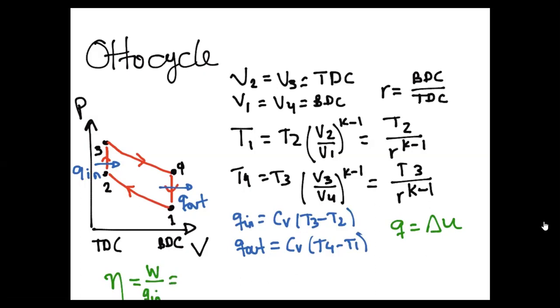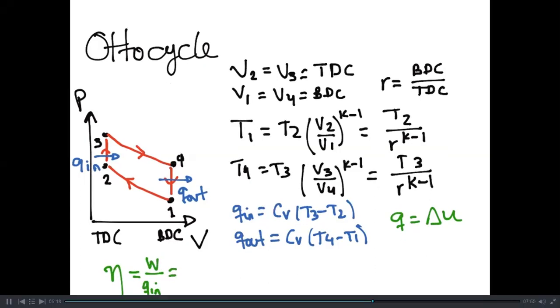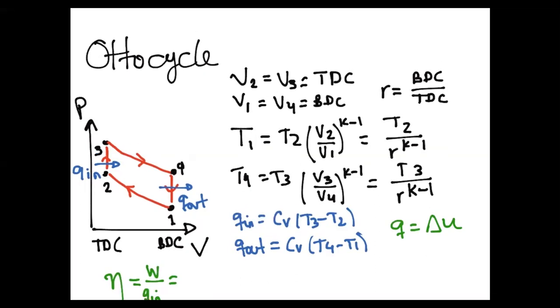Since the work is going to be the area between curves, and doing an energy balance in this situation, it is going to be equal to the amount of heat in minus the amount of heat out. The efficiency is going to be that divided over the amount of heat in, which yields 1 minus heat out over heat in.